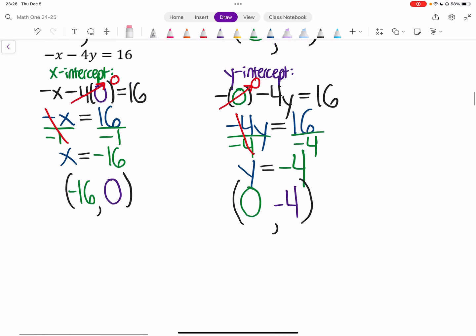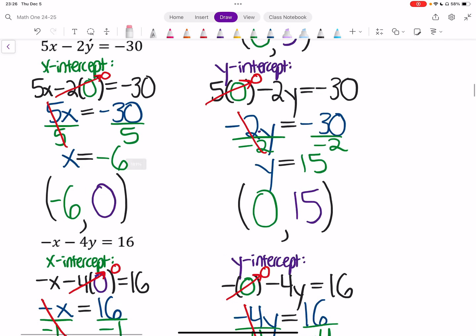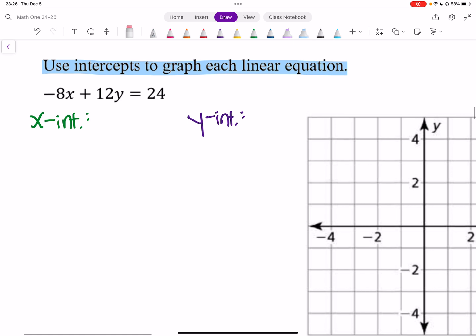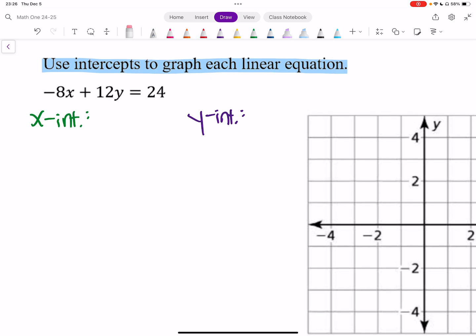Instead of writing each step out very directly as we did in the previous lesson, I'm going to permit you to now use a couple of shortcuts. If I'm thinking about solving for the x-intercept, I know that I need to plug in a 0 for y, which would make the y part in my equation disappear.